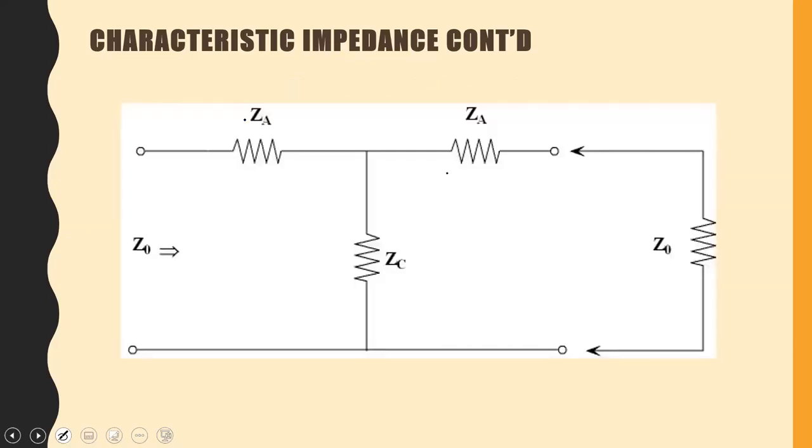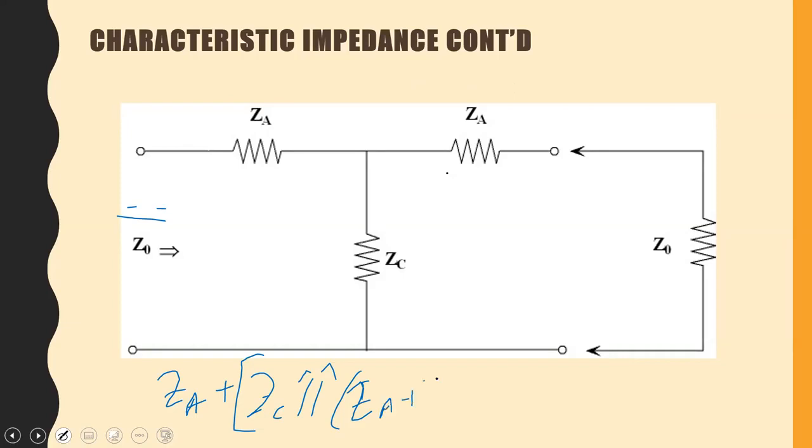Looking in here, we'd have ZA plus ZC in parallel with ZA plus Z0. Everybody agree with that? Yes, sir.